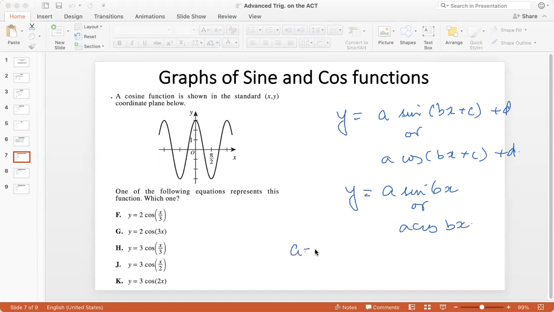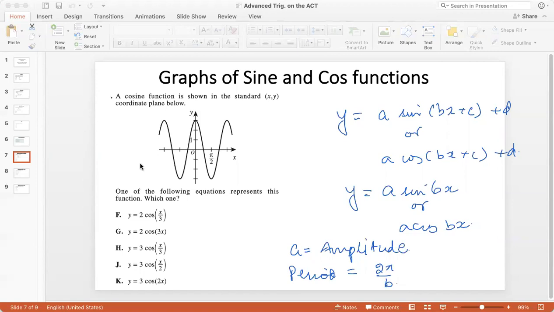Now here A is the amplitude of the graph and B determines the period of the graph. The period is given by 2 pi over B.